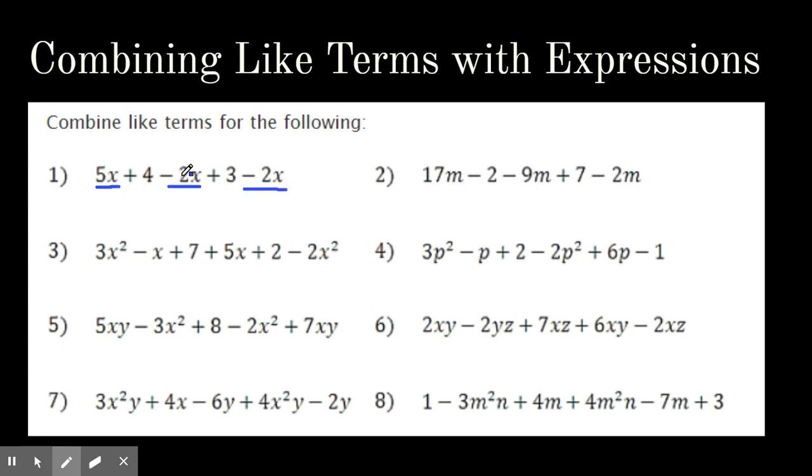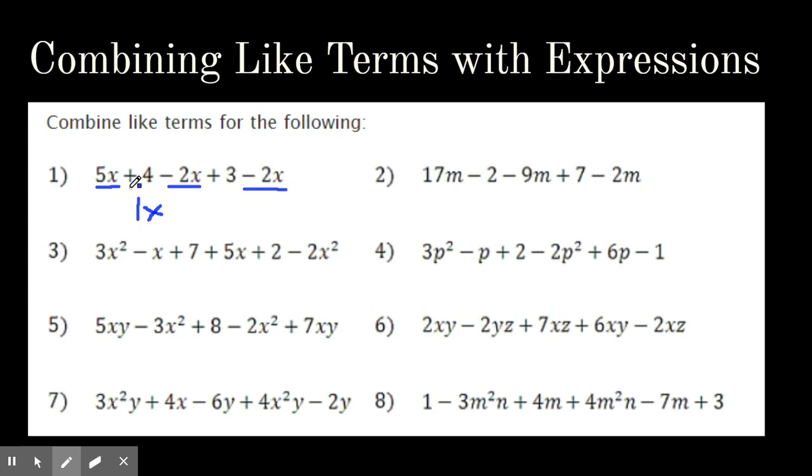If you put these three together, you have 5x plus -2x, or 5 minus 2, which would be our 3x, minus another 2 over here gives us just 1x, and all of our x's have been put together. 5x minus 2x gives us just 1x.